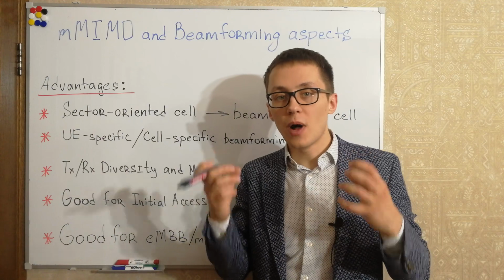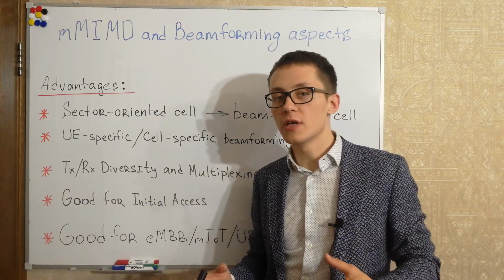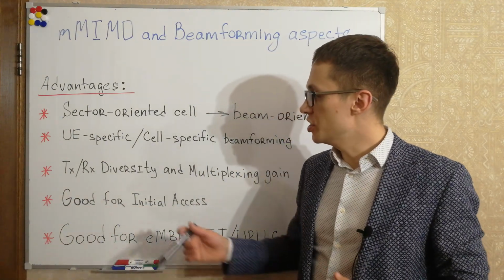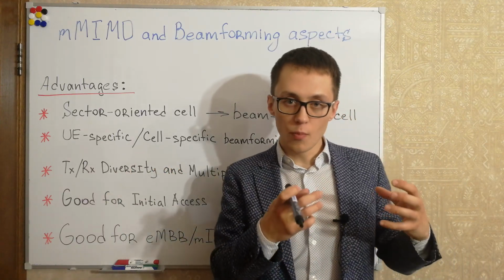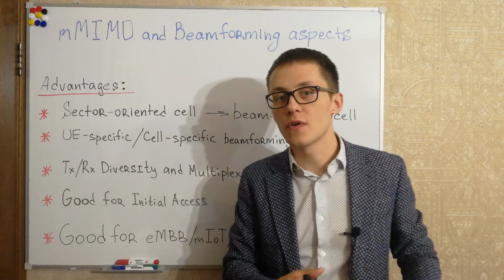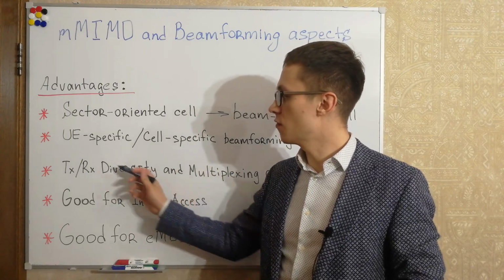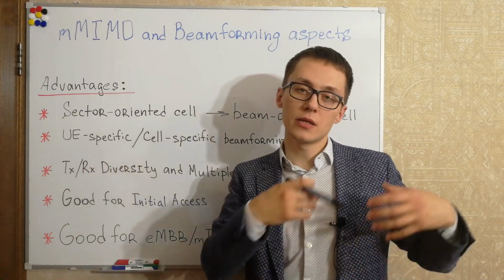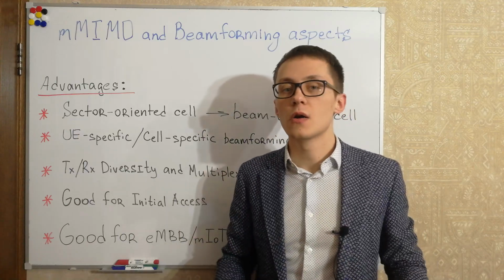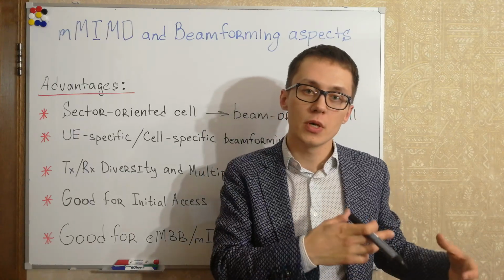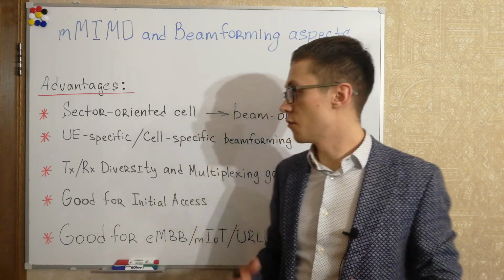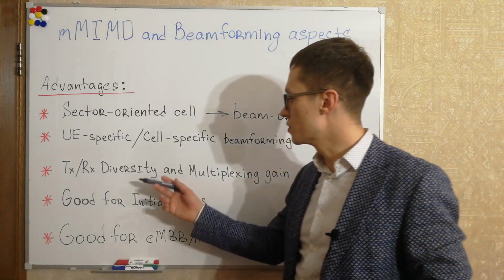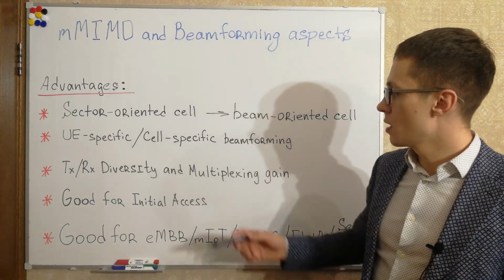Also, using multiple antenna element arrays, we can achieve high diversity gain, because the more antenna elements we have, the more diversity gain for transmitter and for receiver we can get. We can cope successfully with fading of signal, for example. This is a very useful thing as well.